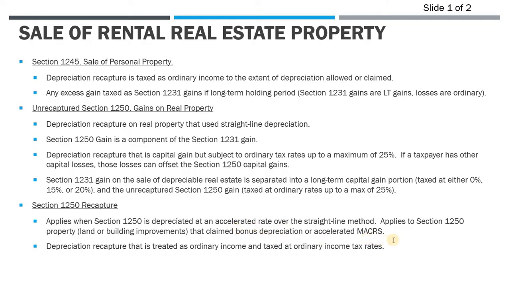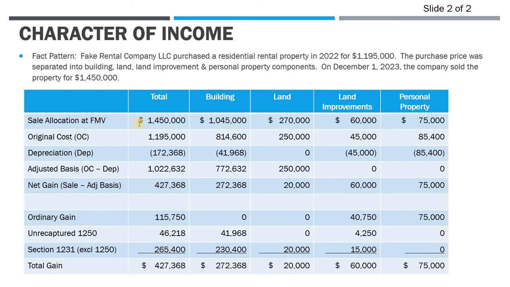And we'll see this in our example: when we have that kind of depreciation, a portion of the depreciation qualifies for the unrecaptured 1250, but then we also have this ordinary element as well. All right, so let's go through some of these numbers, and then when we look at the return, hopefully some of this will make a bit more sense.